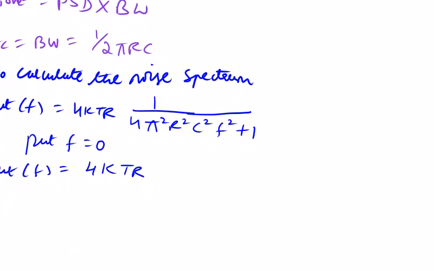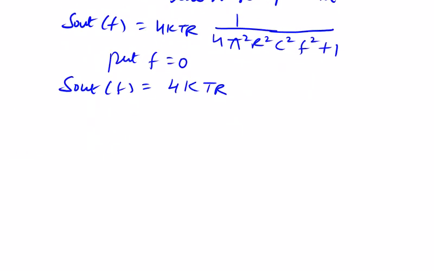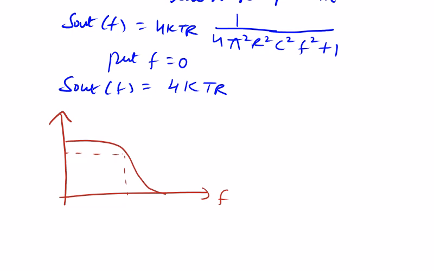So you can see from this diagram, the same diagram I am writing, a low pass filter. This is my cutoff frequency, this is my f_L, and this is my bandwidth.